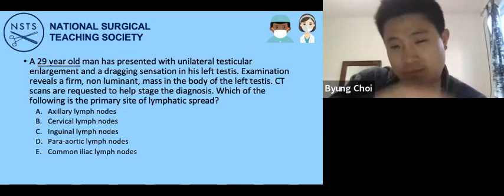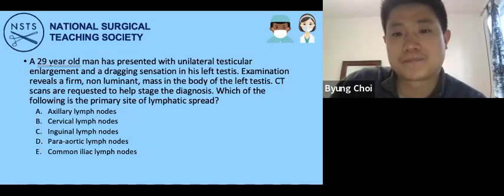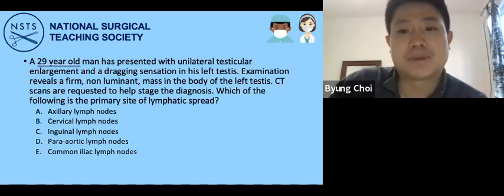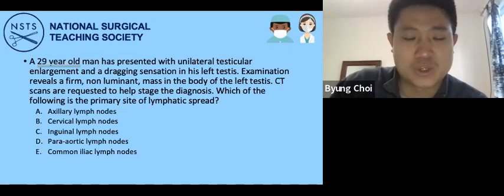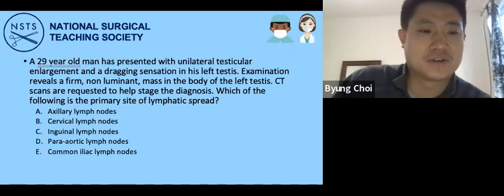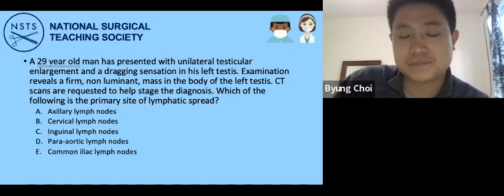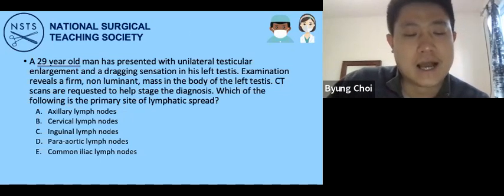Okay, well, let's end the poll there. So we had most of you going for D, para-aortic lymph nodes, which would be the correct answer. So those of you who got that, well done. Don't worry if you didn't.